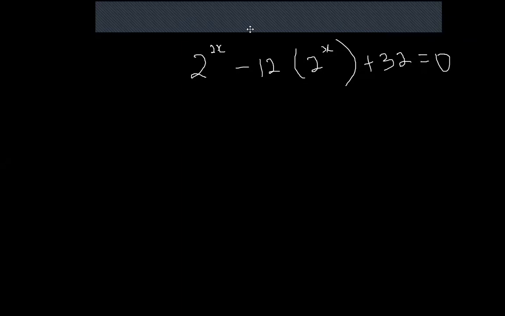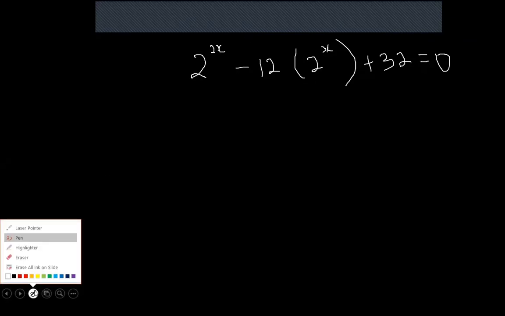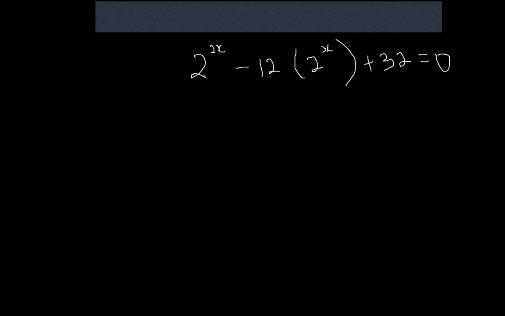So you're going to get linear form or quadratic form, and then you would have to solve, right? So in this case, we know that we're aiming for linear form or we're aiming for quadratic. Okay, so let's simplify.